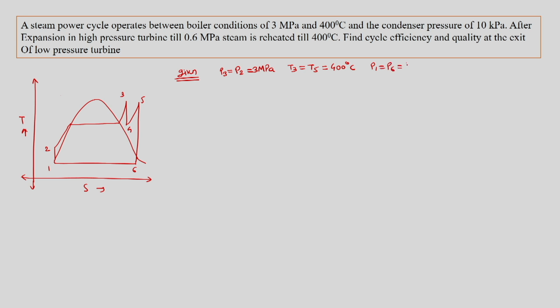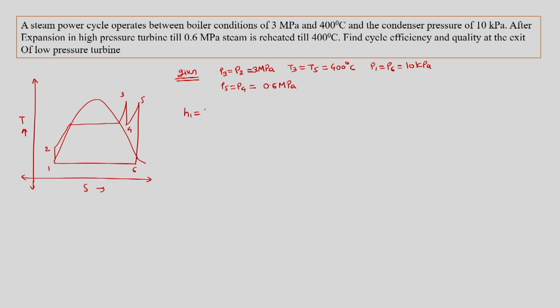P1 is equal to P6 is equal to 10 kPa, and P5 is equal to P4 is equal to 0.6 megapascal. Then we will go ahead with our classical known things first.